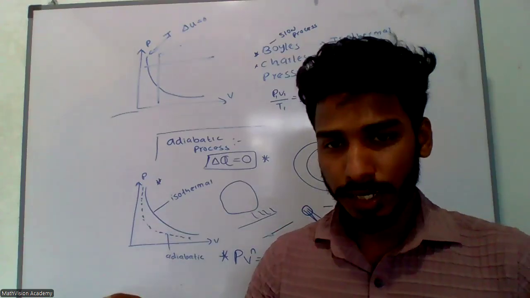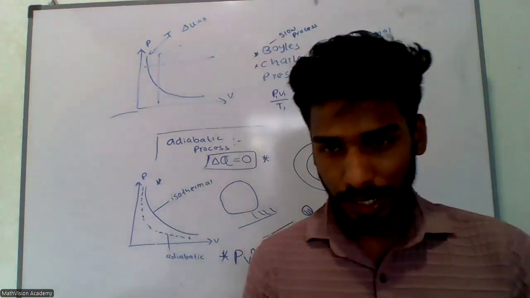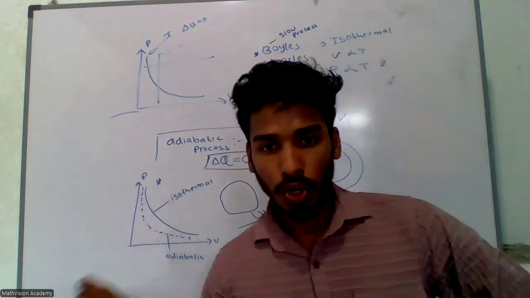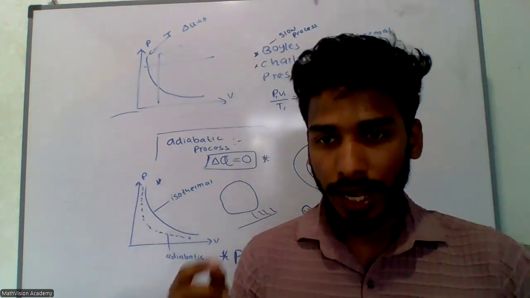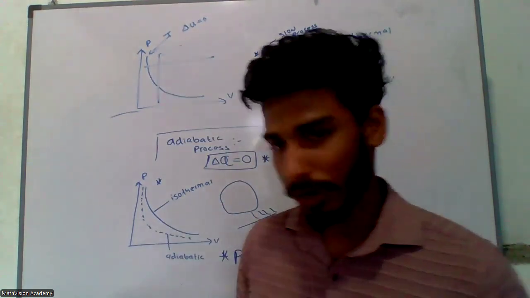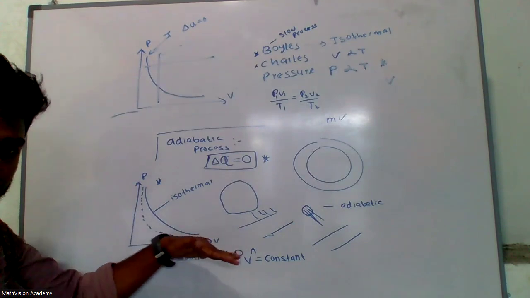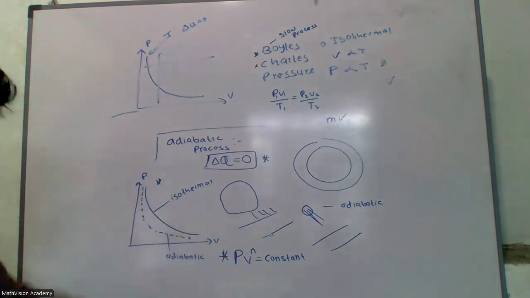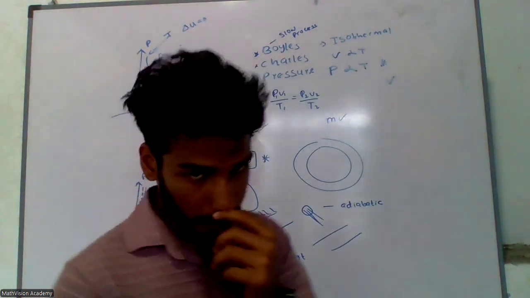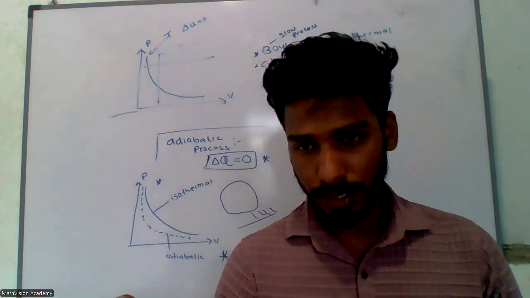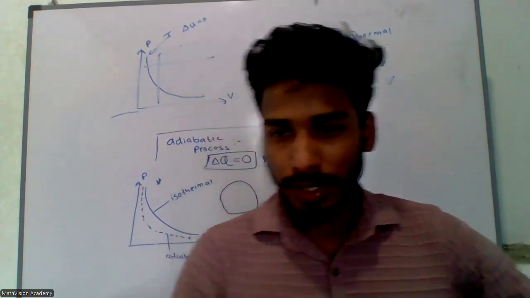Is the work done in an isothermal line at a given temperature greater or less than an adiabatic process? Now let's say they have given a graph like this. This is my isothermal line. This is my adiabatic pathway. If I ask you a question, who has the higher work done? What can you answer?